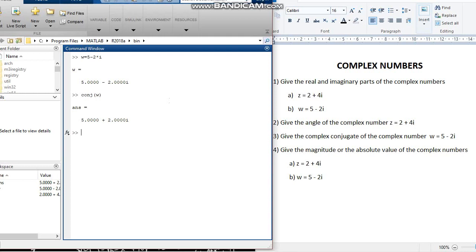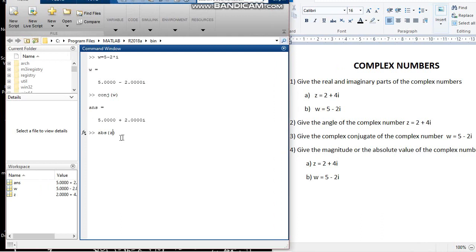That is, to find the absolute value of z, I'll use abs of z. If I hit enter, it's going to return the absolute value of z, which is 4.4721.